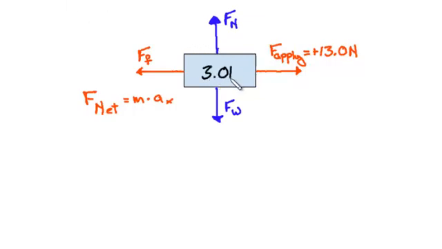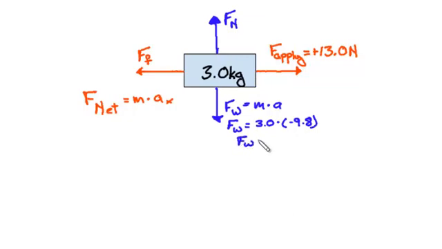So on this free body diagram, I'm told that the body is 3.0 kilograms, and once again, armed with this information, I can figure out force weight because force equals mass times acceleration. So force weight equals mass, which is 3.0, times the acceleration due to gravity, which is negative 9.8 meters per second squared.